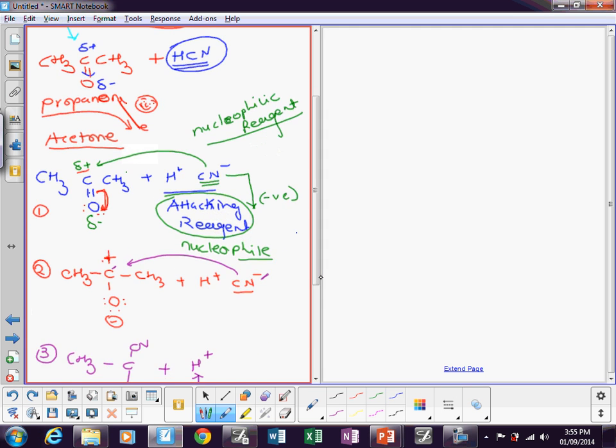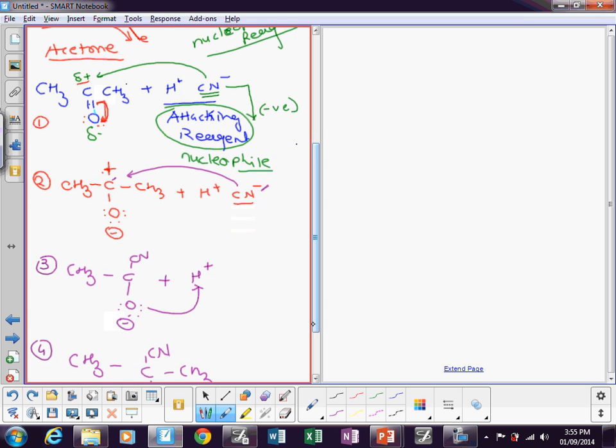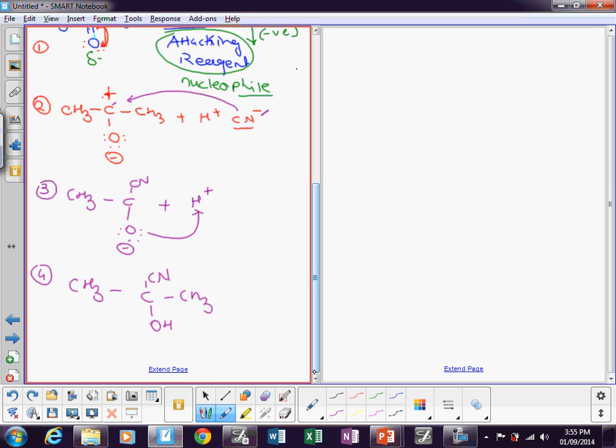In the presence of cyanide, that bonded pair of electrons has shifted towards oxygen, in the presence of the attacking reagent. That's why it's a temporary effect. If it was not there, nothing was happening. As soon as HCN came, the electron pair shifted to the oxygen, then cyanide attacked. Cyanide attacked here, oxygen attacked hydrogen, and the whole reaction happened.